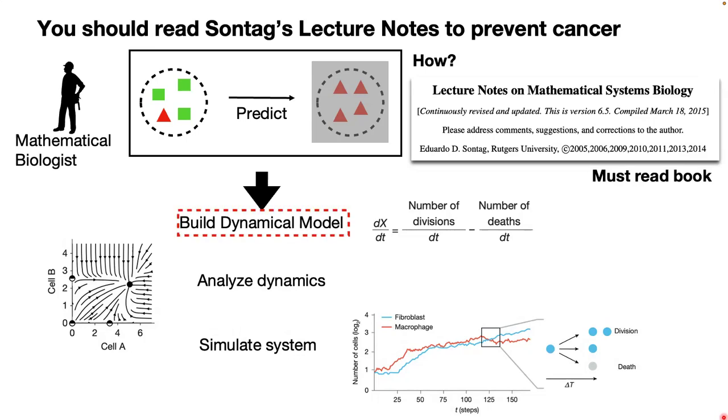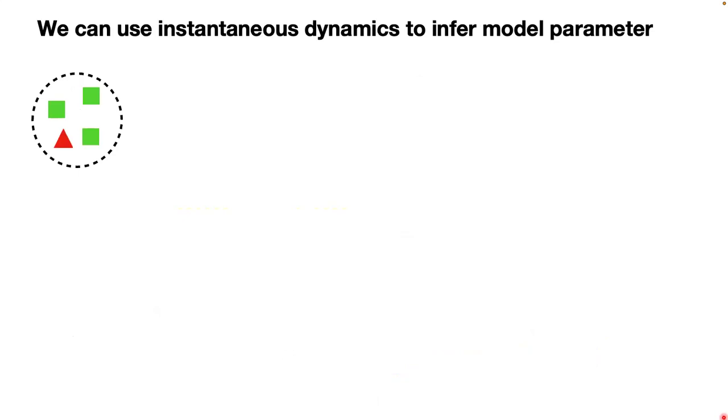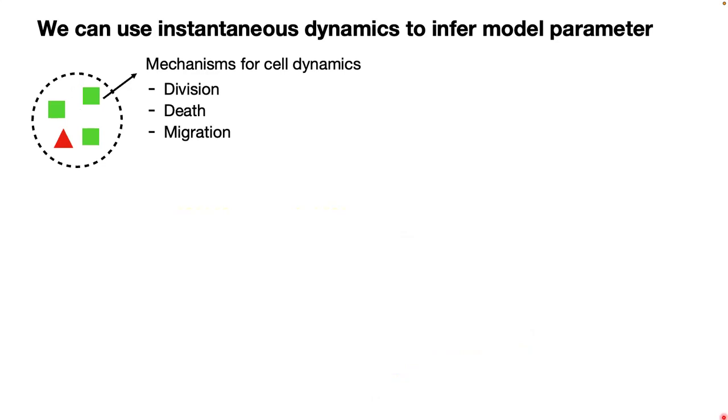Let's start with how they build this model. When you have this snapshot data or biopsy data, you first want to select some mechanism for the cell dynamics. You can think of division, cell death, and maybe cell migration and transdifferentiation.